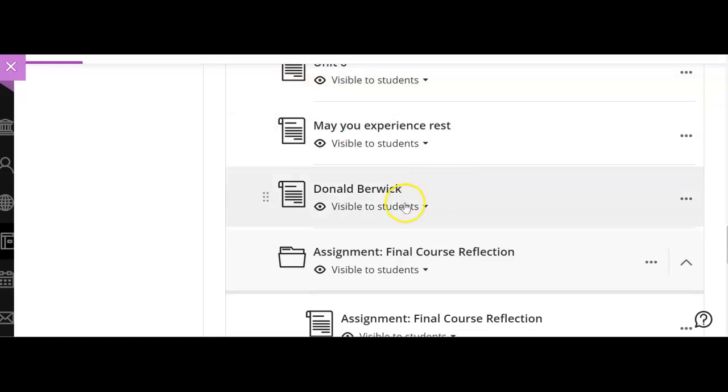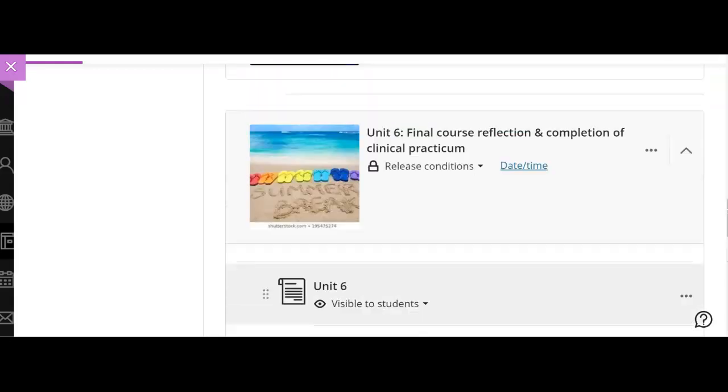Learning Unit 6 also gives you a time to complete all other assignments as well. Please know that our course comes to an end June 28th. June 28th is not a Sunday night. It is a Friday evening.